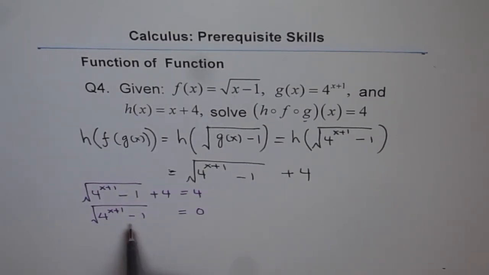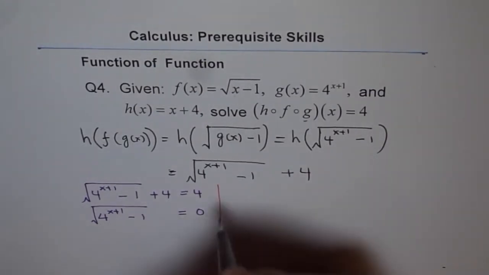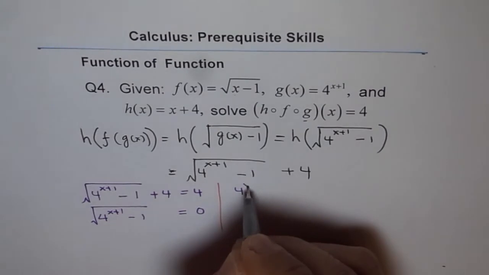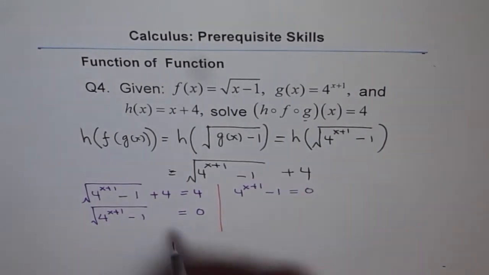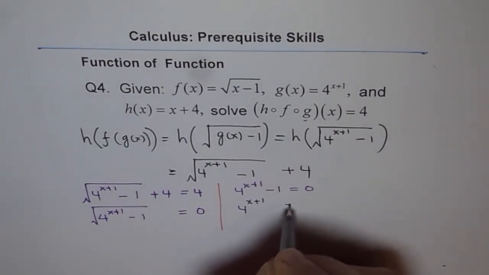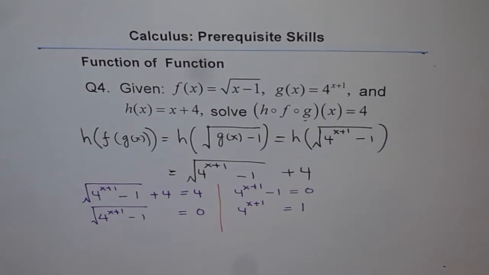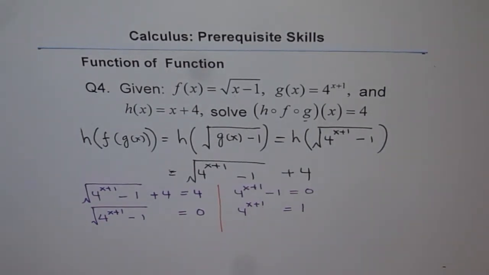Now let me square and then solve. If I square this, I get 4 to the power of x plus 1 minus 1 equals 0, right? Square of 0 is 0. That is 4 to the power of x plus 1 equals 1. Now x plus 1 should be what in this case?